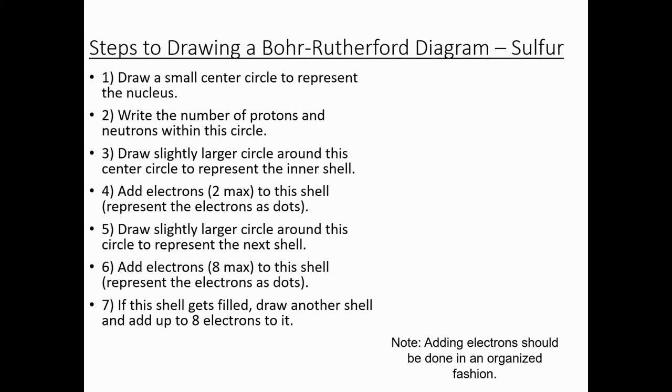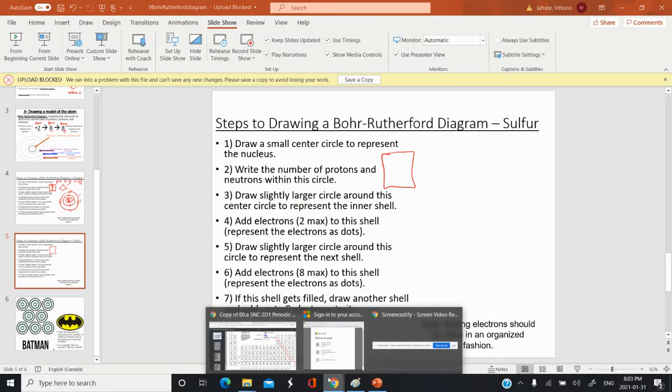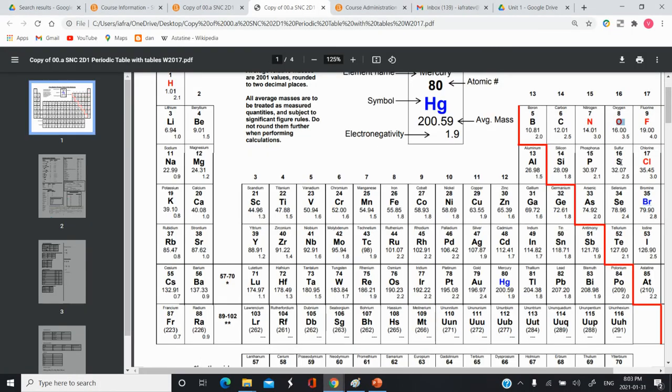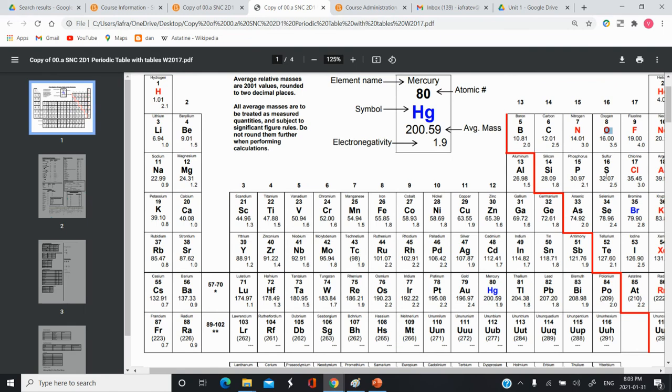Now let's go ahead and do the same thing for sulfur. So sulfur, let's go take a look at sulfur in the periodic table. Sulfur is S over here, 32.07, so I'll round down to 32, and atomic number of 16.